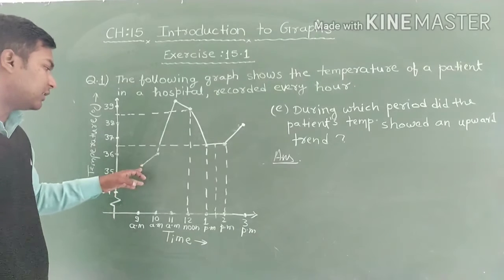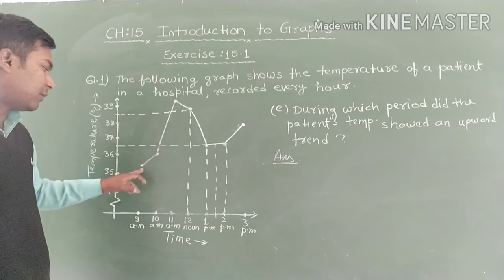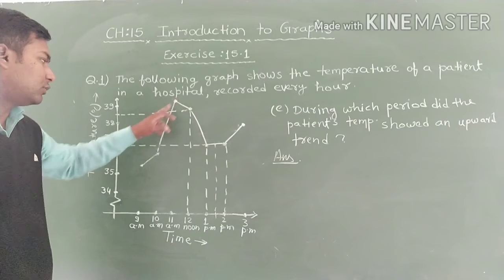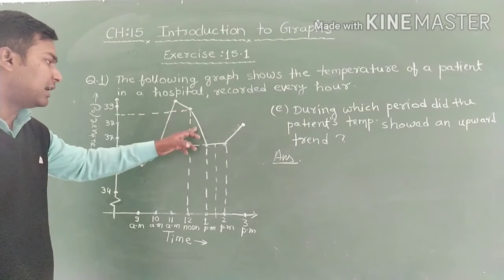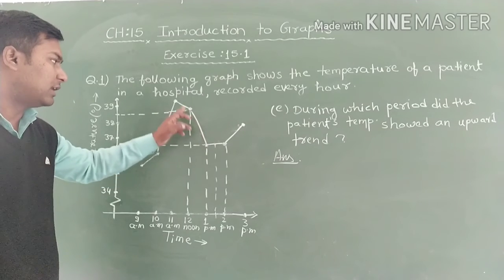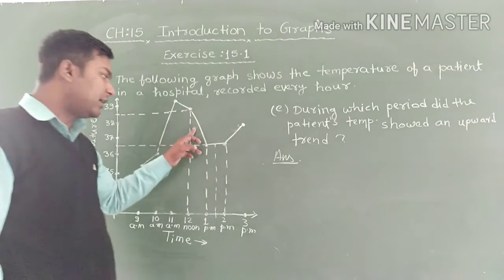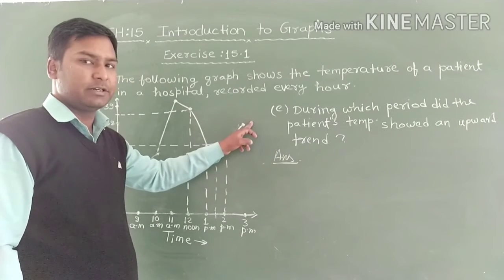See here, see the graph. This line is an upward trend and this line is also an upward trend. These two lines are a downward trend, this one will be a constant trend, and this will also be an upward trend.